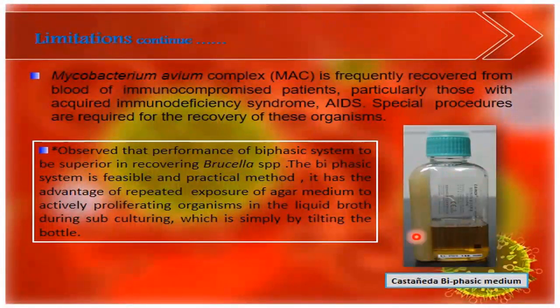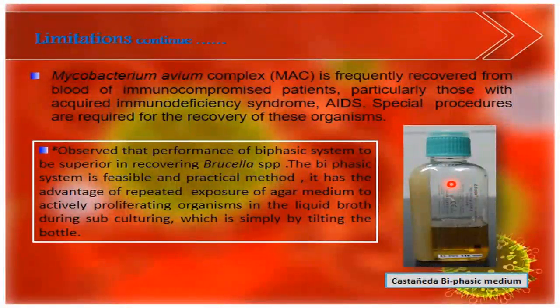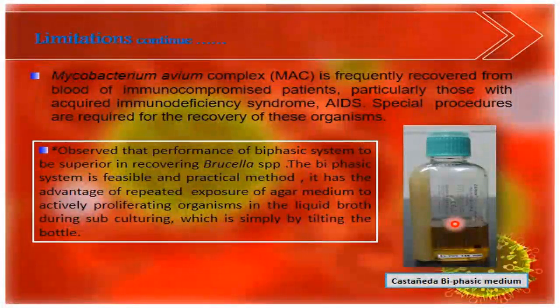The advantages of using the Castaneda blood culture system for brucellosis are, firstly, to reduce the risk of transferring Brucella to the laboratory worker during opening of the culture bottle. Second, to reduce the incubation time from 1 month in standard broth only to 15 days, half the time.